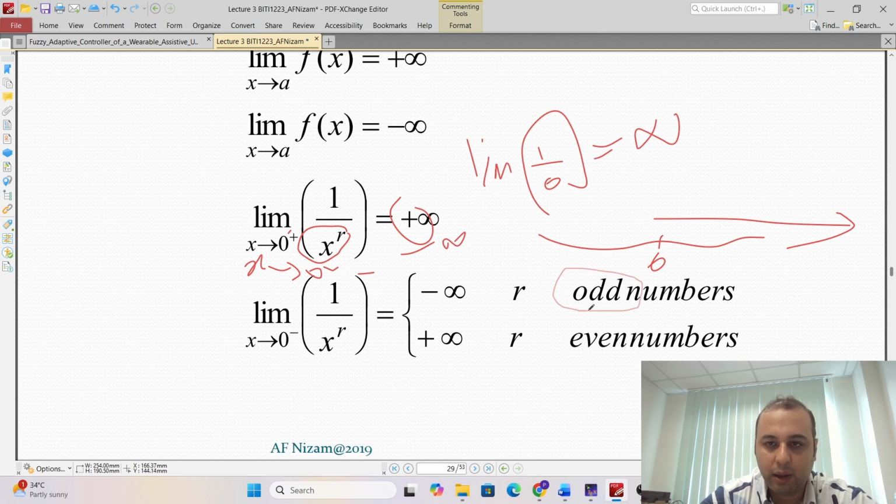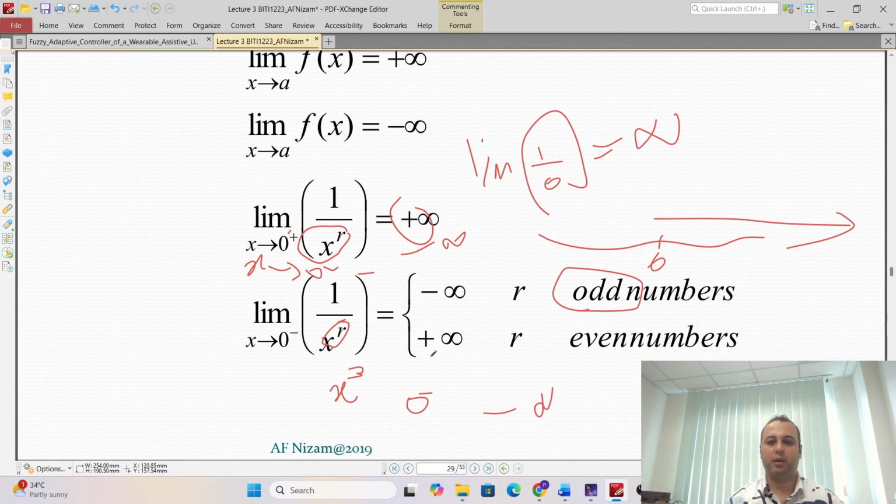Okay, let's say r is an odd number. We have this function 1 over x to the power r. For example, an odd number like 3. So if x approaches 0 from the minus side, it will be minus. But if it is even, so it will be x to the power, for example, 2.